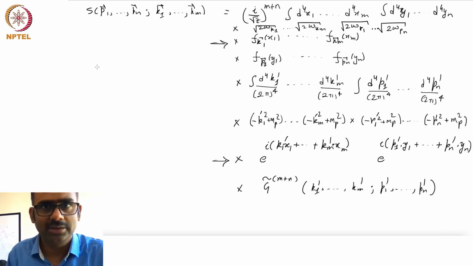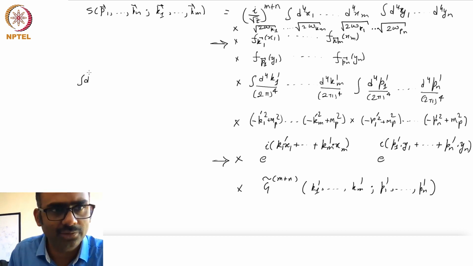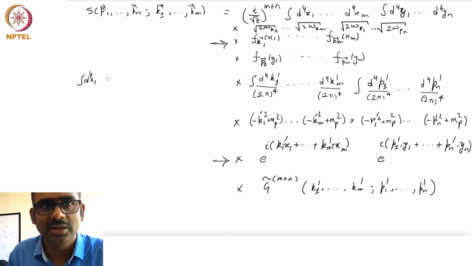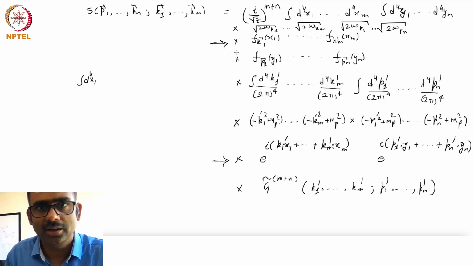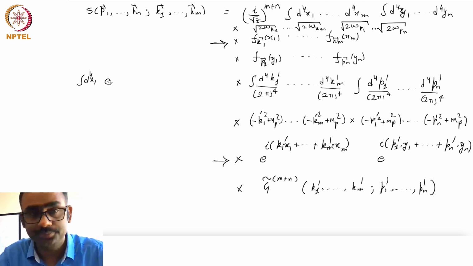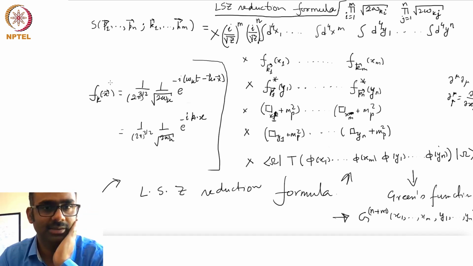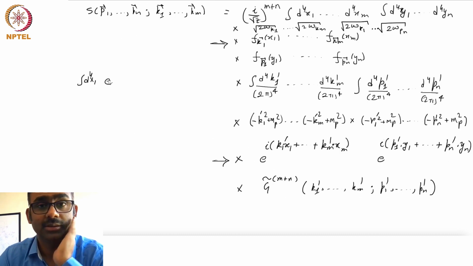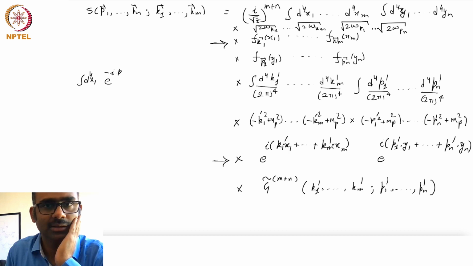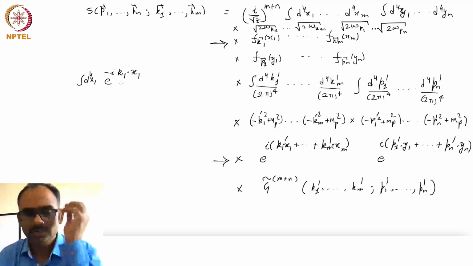You will get the integral d4 x1, then e to the minus I k dot x. So, f k x1 is e to the minus I k1 dot x1.